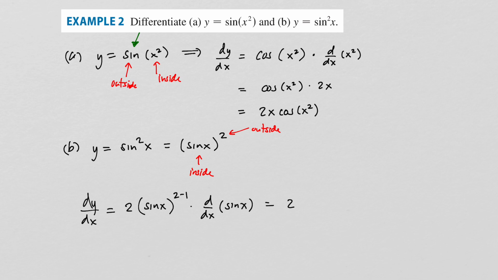And so this is going to be 2 times sine of x to the first power times the derivative of sine of x, which is cosine of x. And so when you look at these two derivatives, I want you to notice that they are very different. Even though we had the same two functions involved, it really matters which function is inside and which function is outside.